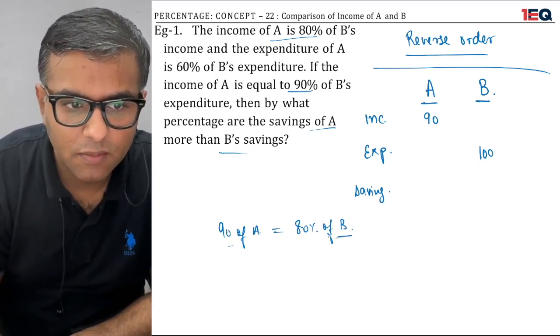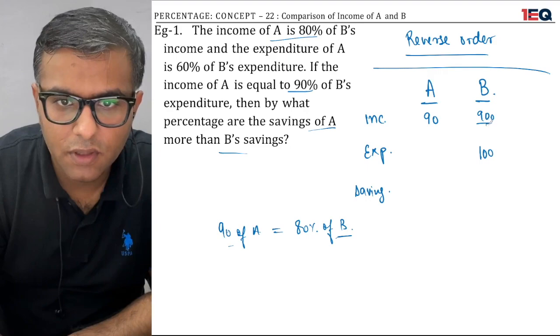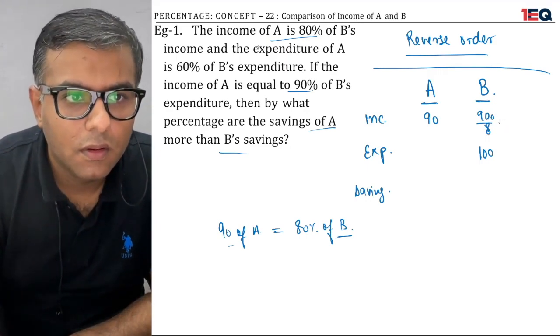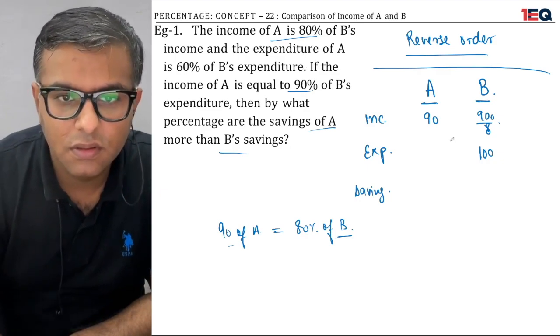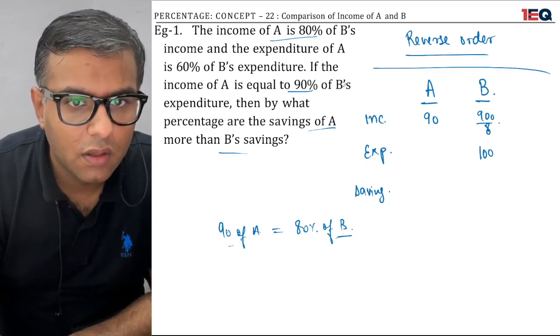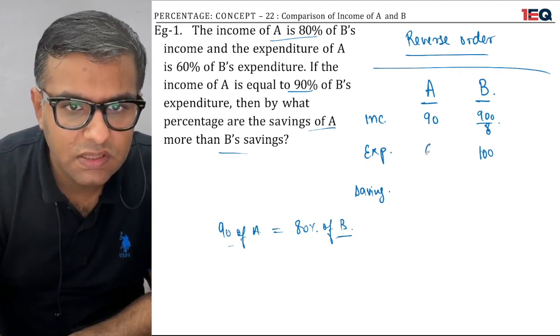B is 90 upon 0.8, that is 900 upon 8. Okay, the expenditure of A is 60% of B's expenditure. 60% of B's expenditure of 100 would be 60.